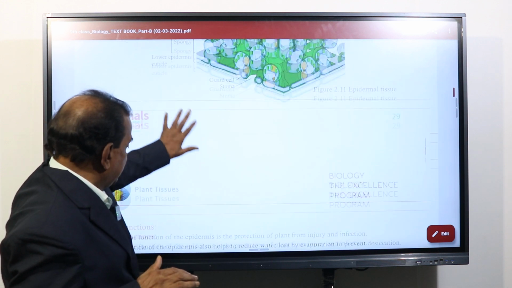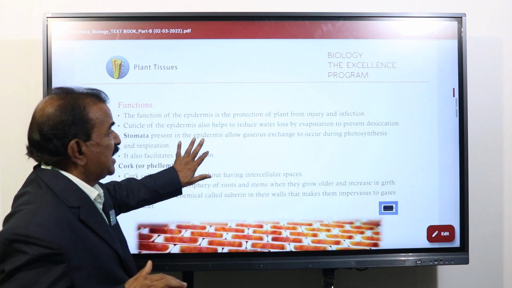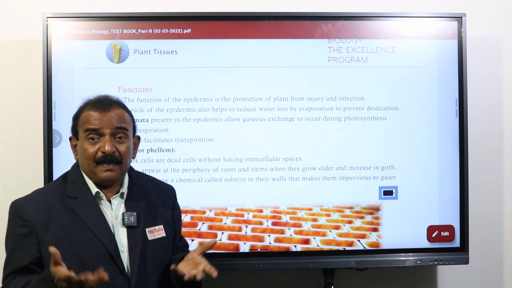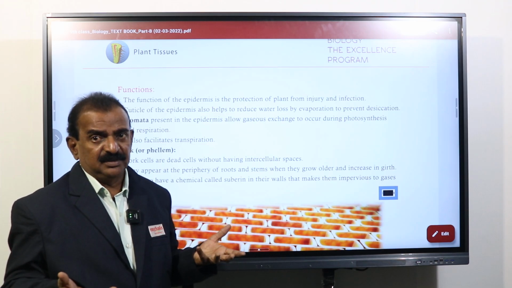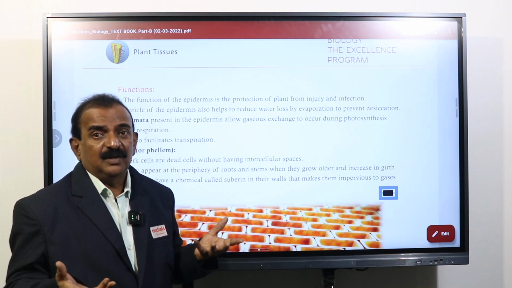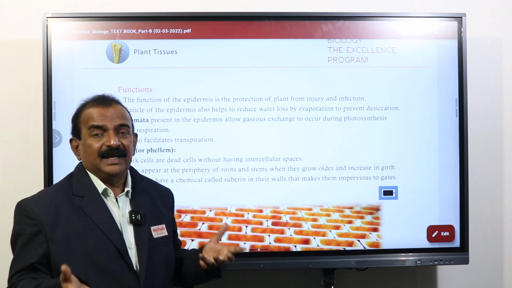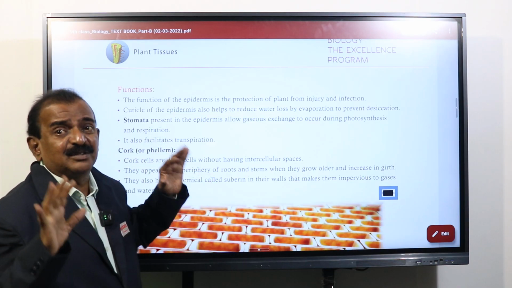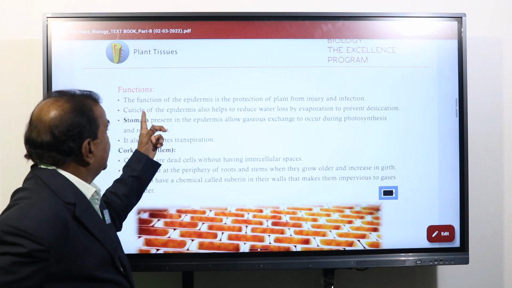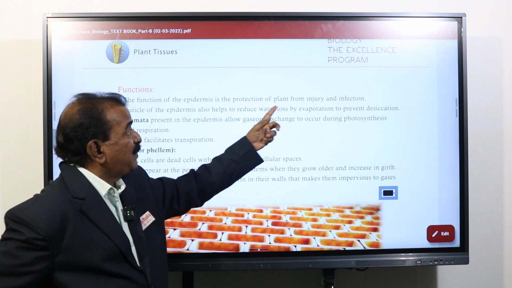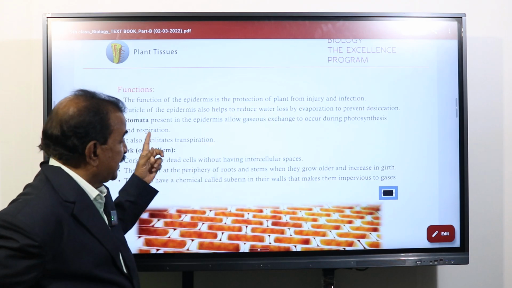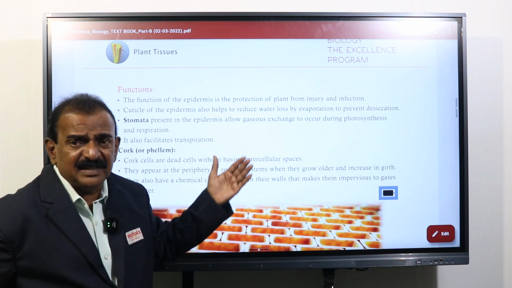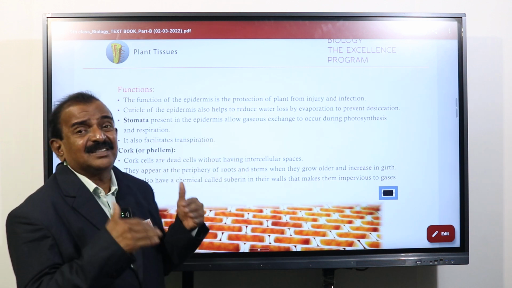And now we need to understand the functions of epidermis. I told you already, epidermal layers protect the plant parts, the plant organs, from injuries and infections, and that is the main function of epidermis. The cuticle is present on the upper and lower surface, and it also prevents the loss of water.